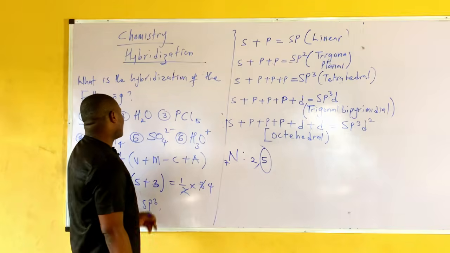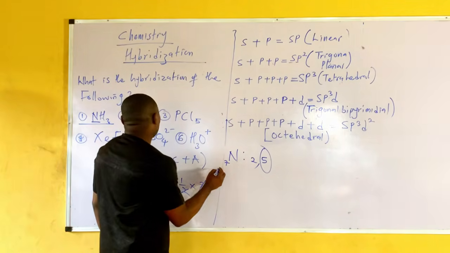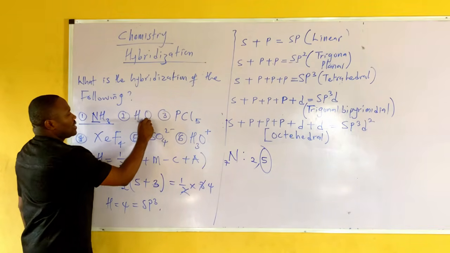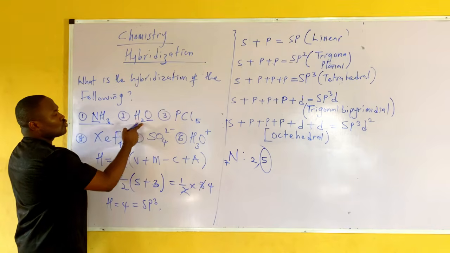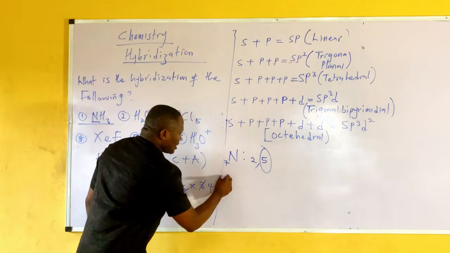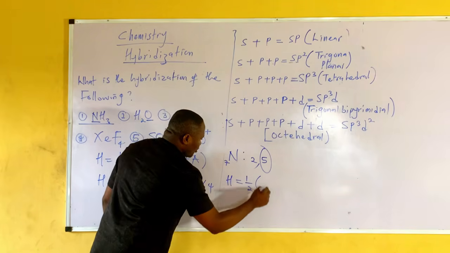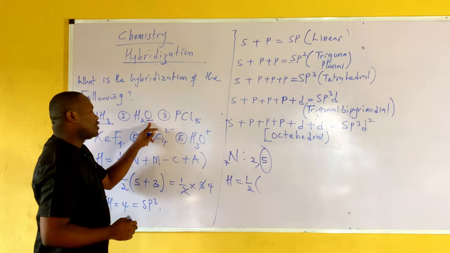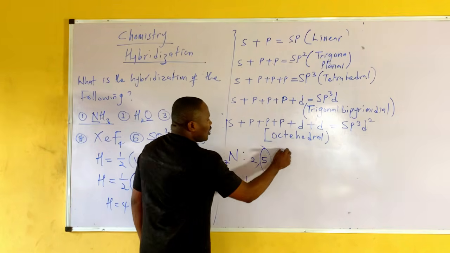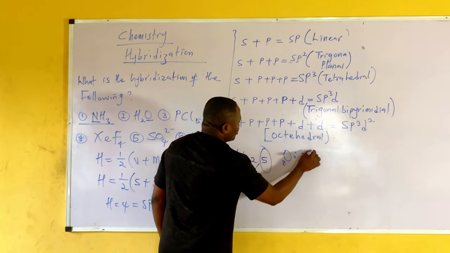Let's look at the next question. The next question is water. What is the hybridization of water? Now, what is the centralized atom in water? It is oxygen, with two hydrogens attached to it. So if I solve for water, H is equal to 1 over 2 open bracket, the valence electron of oxygen. Oxygen is 8, which is 2, 6.